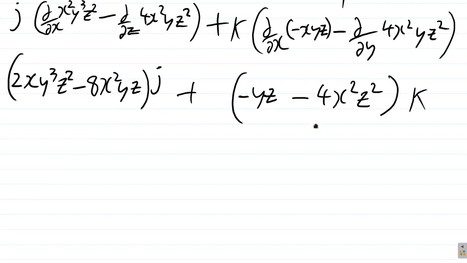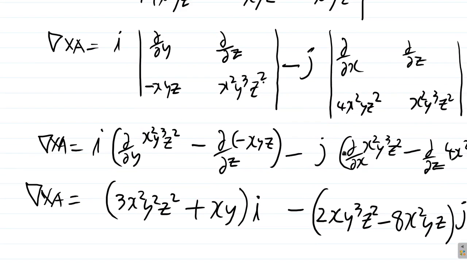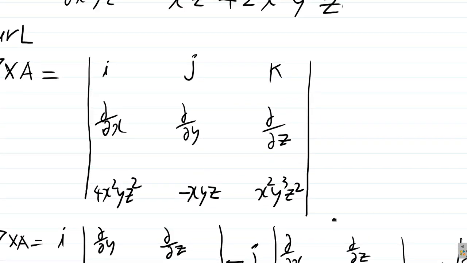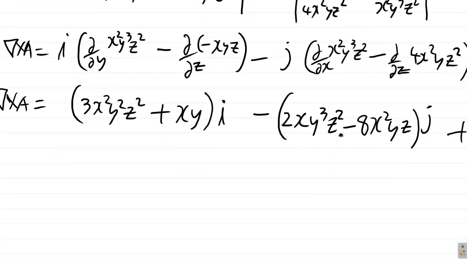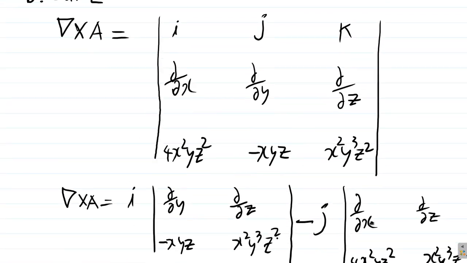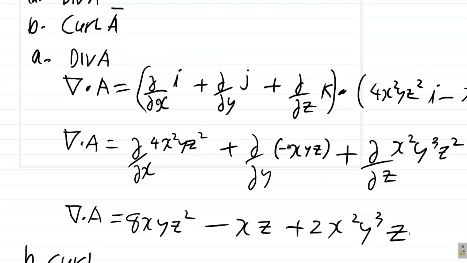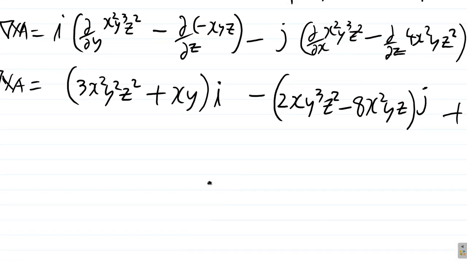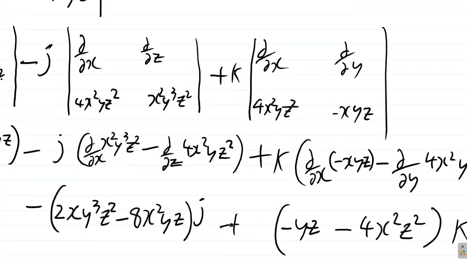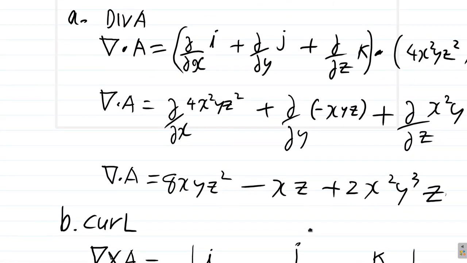So there we have that. Now if we were given a set of coordinates, then we would put those numbers in, right? But what we did was to find the divergence of A and then the curl of A. Okay, so I'll see you in the next video then.